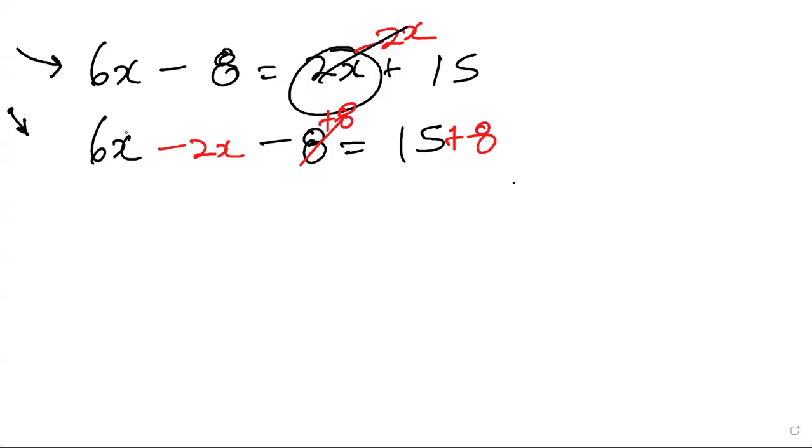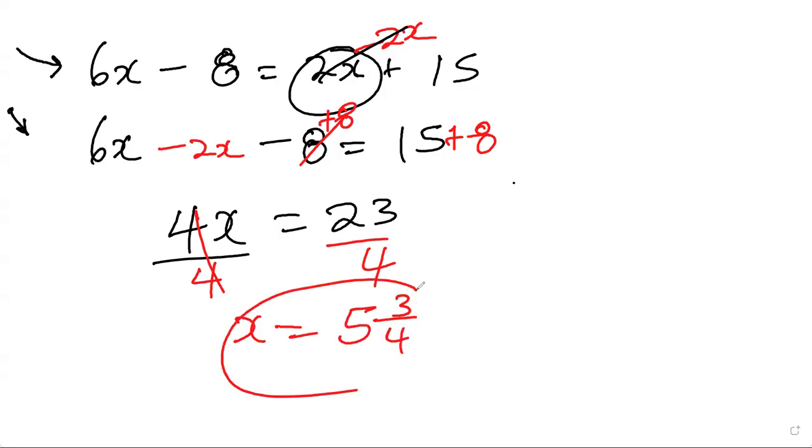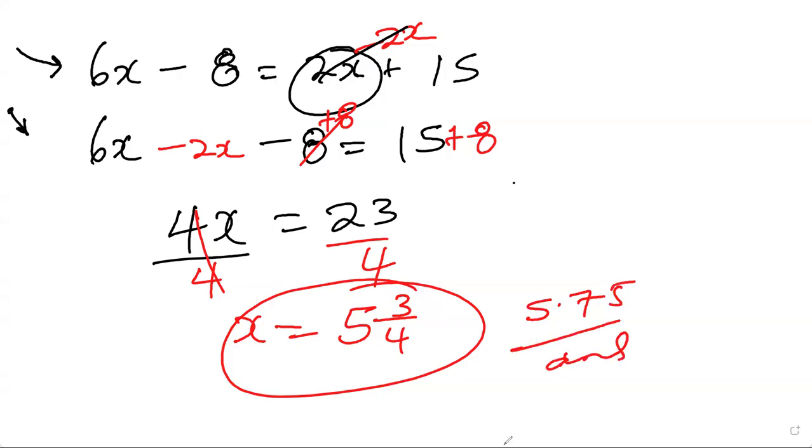So 6 take away 2 will give us 4. 15 plus 8, 23, right? And then we divide by 4. So that's 5 3/4. Or many persons gave a decimal. Good job. It's the same thing, right? So good job.